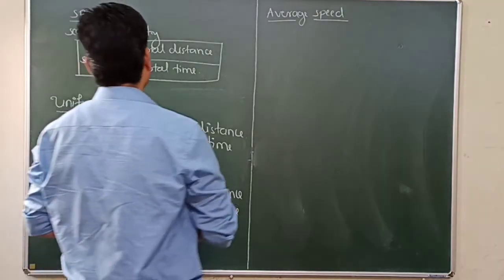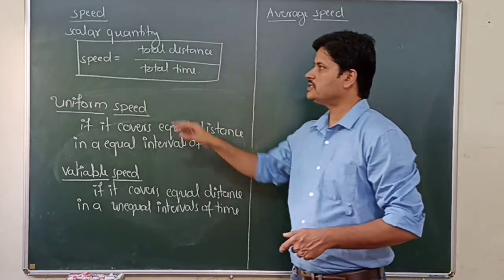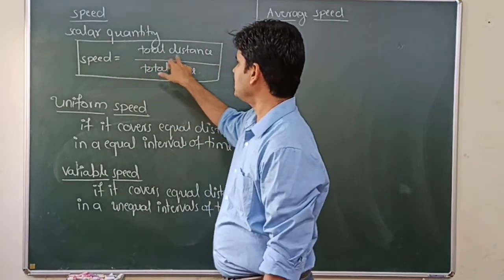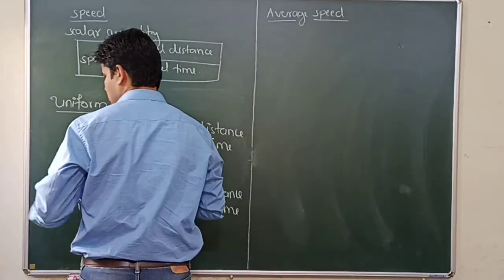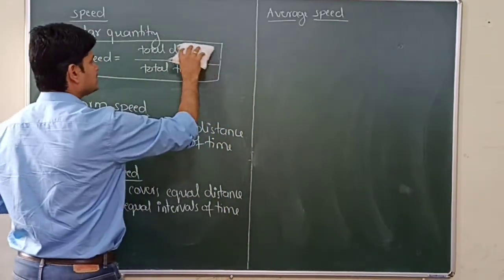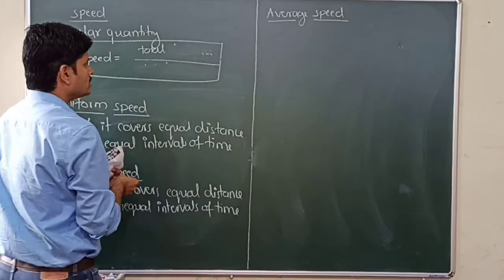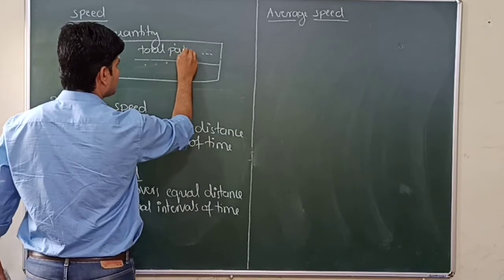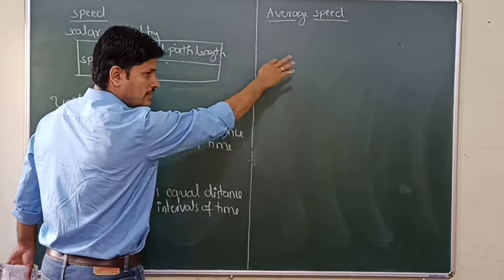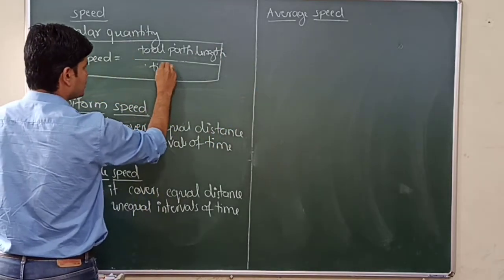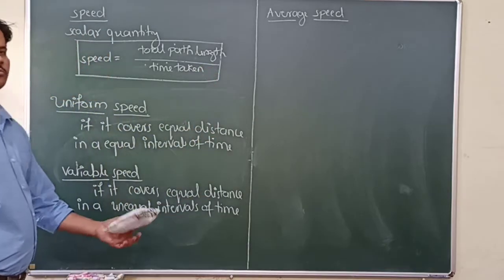Now see here, there are another two terms I have written here. Look at the first one. Speed is nothing but the total path length, or distance, covered divided by the time taken by that object.